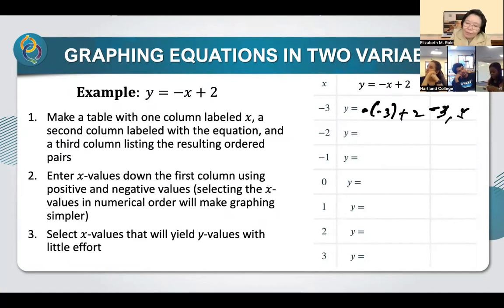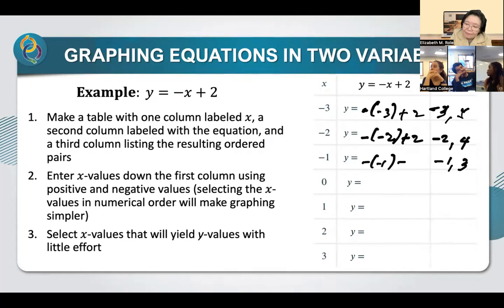What if x is -2? What will be the coordinates? -2, 4. Good. If your x is -1, it's -1, 3, because it's 1 plus 2.